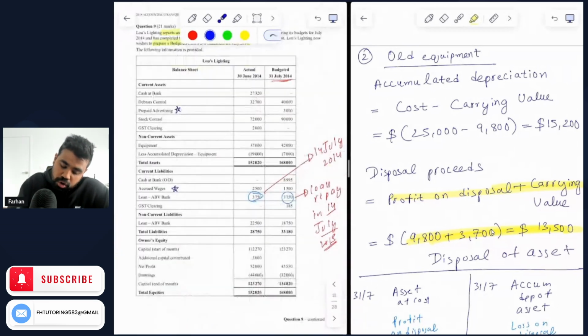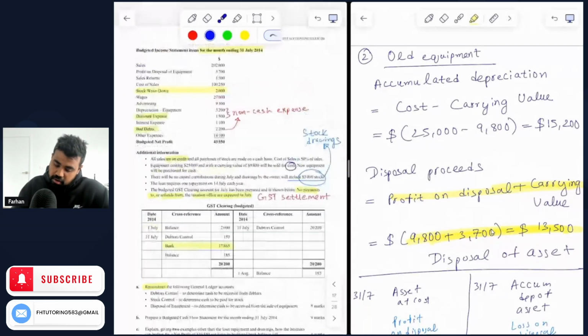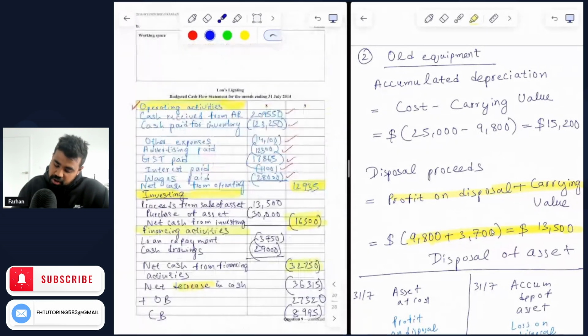You can see that we do not have any asset for bank, which means we really did not have any money in the bank account. We in fact overdrew the bank balance, and that is 8,995, a current liability referring to a deficit or negative amount. That's how you know your math is 100% correct for everything you have done so far, and you will be very confident when you achieve that in the exam.